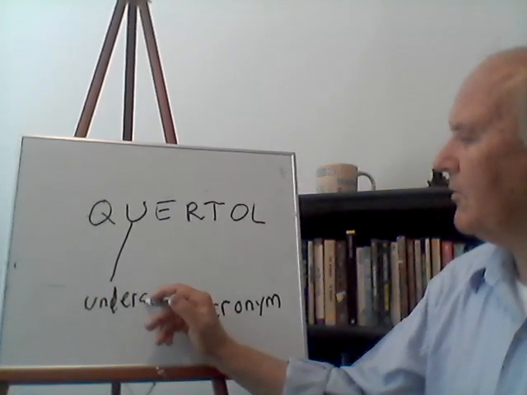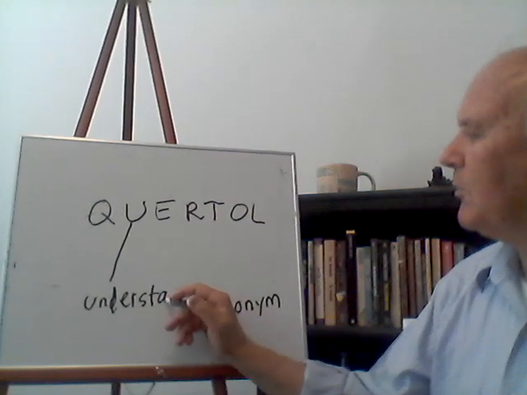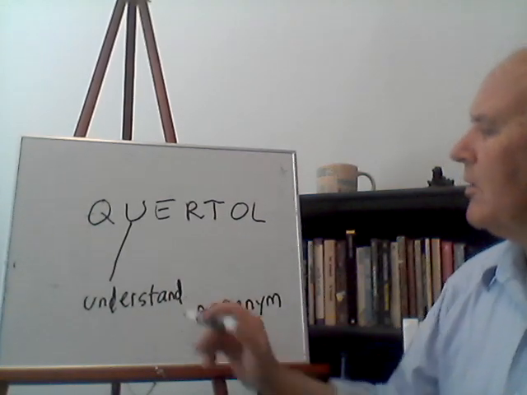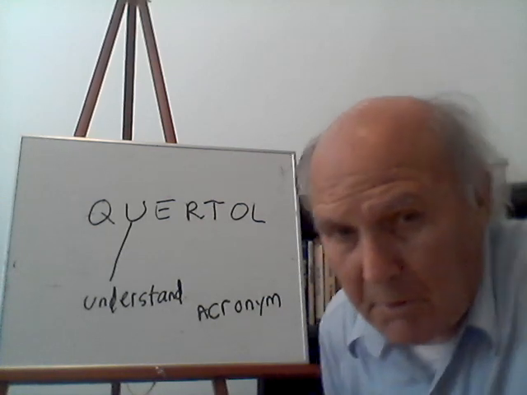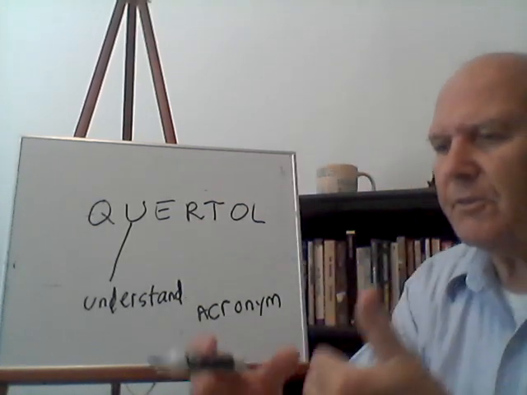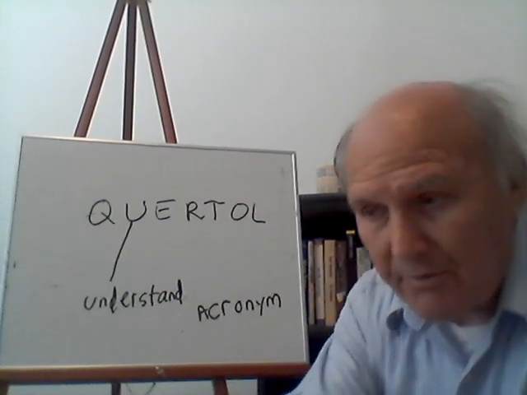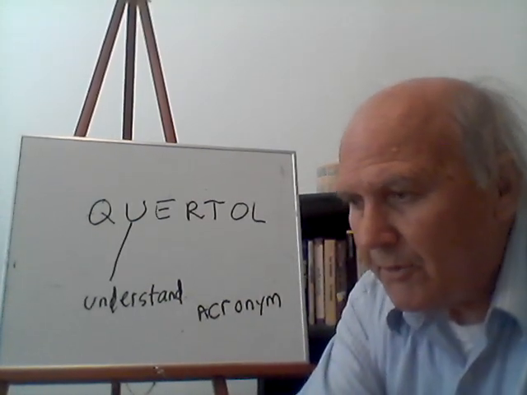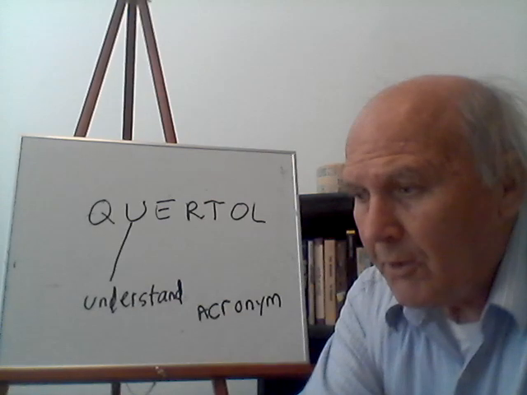So you can think of the U as standing for write so people can understand you, or write understandably. So when somebody reads your sentence, they know what it means.